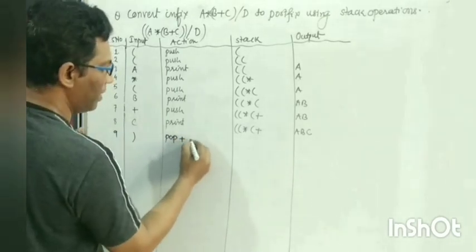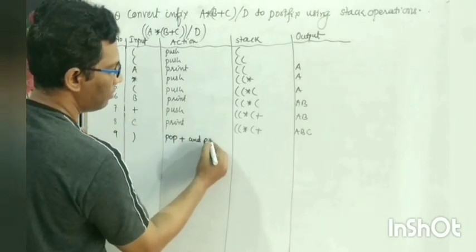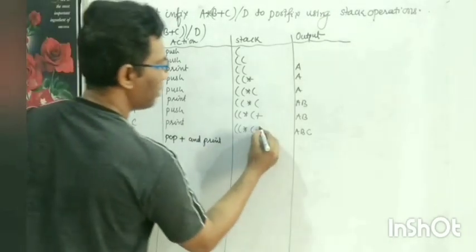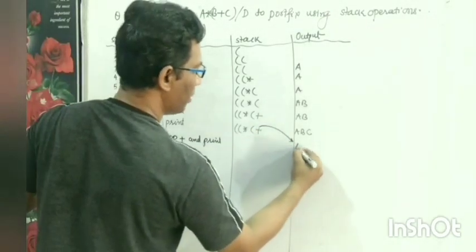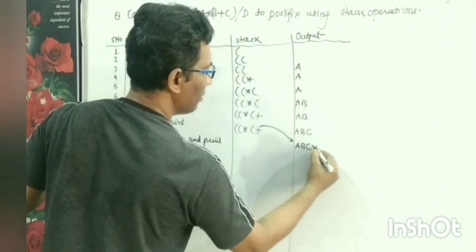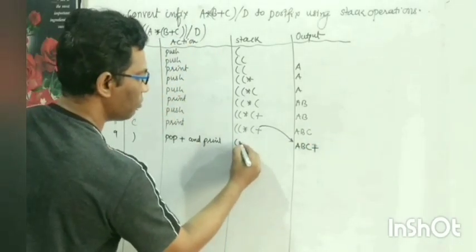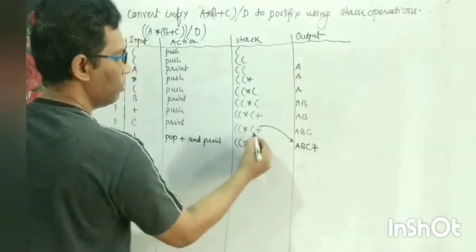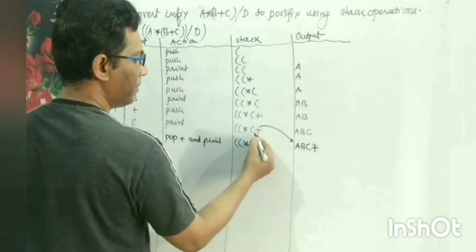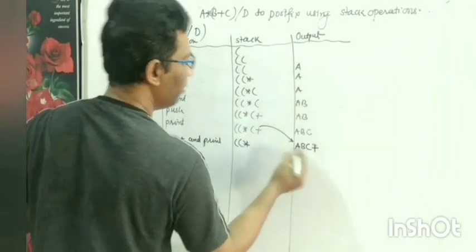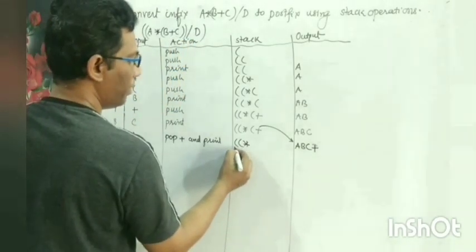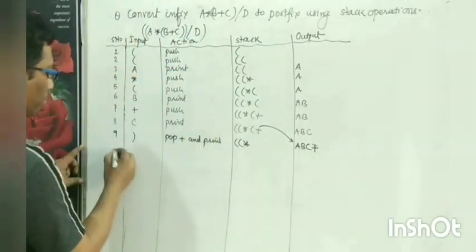So pop plus and print. So this plus goes to the output and output becomes A, B, C plus. The opening bracket will move with the plus, so the stack remains opening bracket and into.